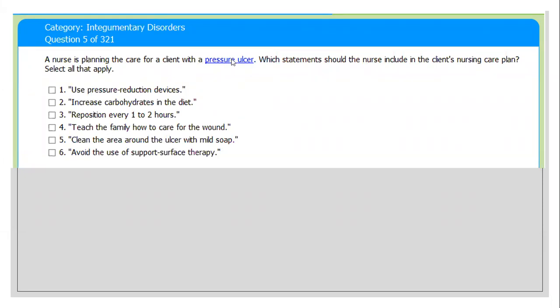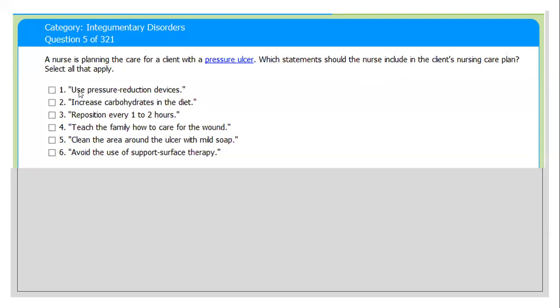Pressure ulcer, also known as bed sore, or also called decubitus ulcer. Pressure ulcers are injuries of the skin and underlying tissue resulting from prolonged pressure on the skin or prolonged immobilization. Whatever. The examiner is asking which statement the nurse should include in the client's nursing care plan.